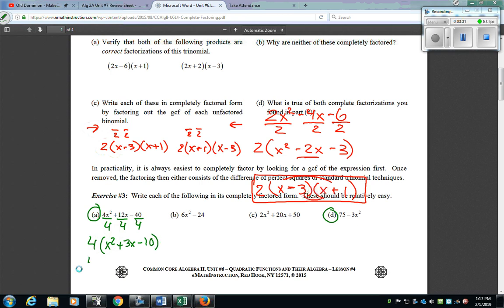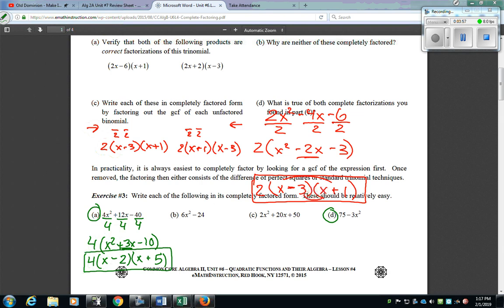And then again, like I just talked about with the last question, I have a negative last number. So 10 can be 5 times 2. And I noticed I had a positive middle number, so it looks like the higher number is going to be the positive one. And then you could check it, and you have -2x and 5x, which would be 3. So that would be my complete factorization for this.